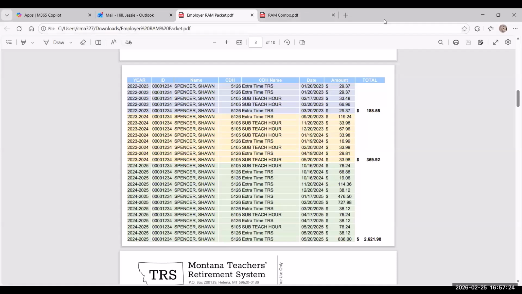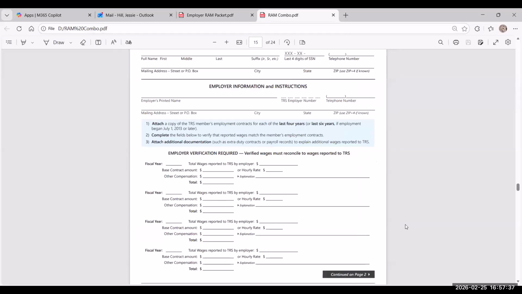We just have to reconcile to what you reported and make sure it's reported to the right retirement system also. So you want to list the last 4 years, and once again include your current fiscal year on that. Then just make sure that you're attaching any of that documentation to the back of the form.